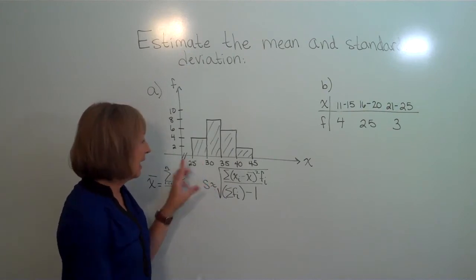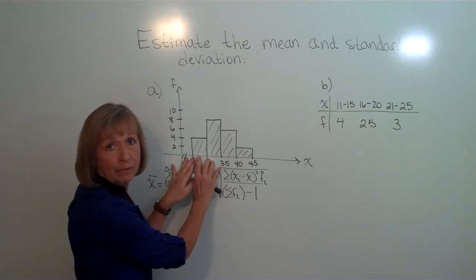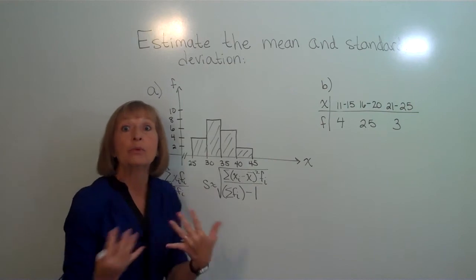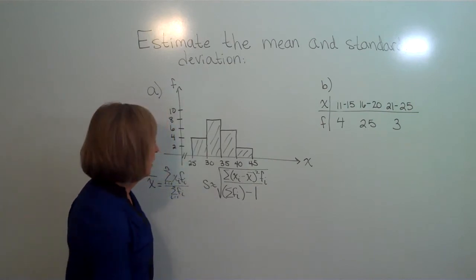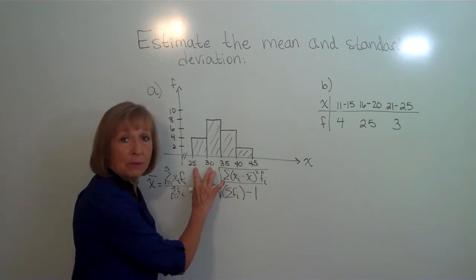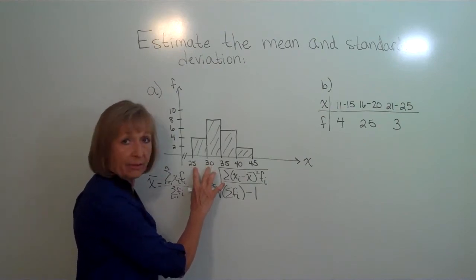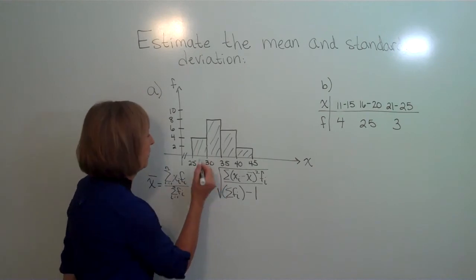Again, if the tick was halfway between the start and the end of a bar and the number was there, then you would already have the class midpoints and wouldn't have to do this first step. Now, to find the number midway between 25 and 30, I can add those together. 25 plus 30 is 55, divided by 2 gives me 27.5. So midway is the value of 27.5.